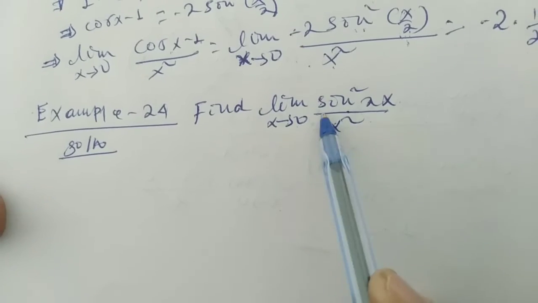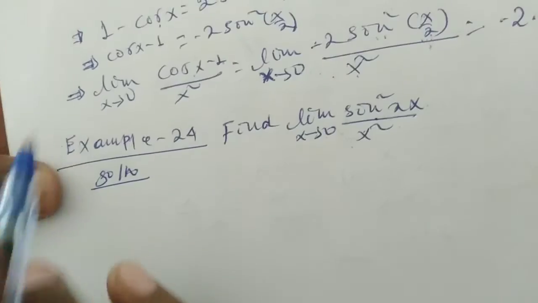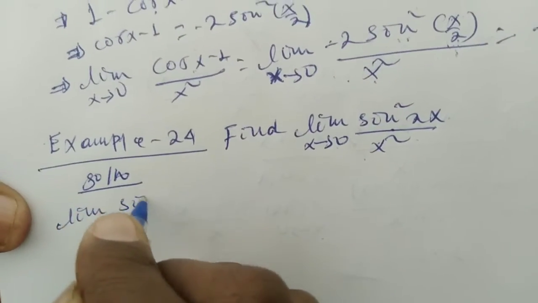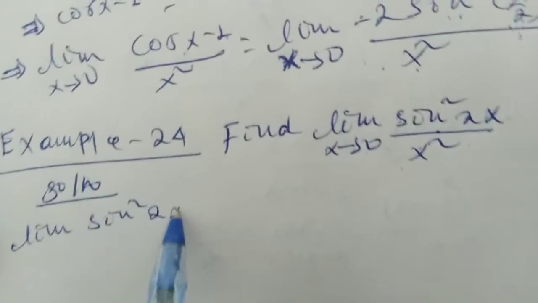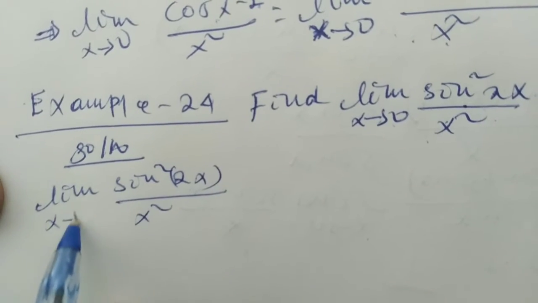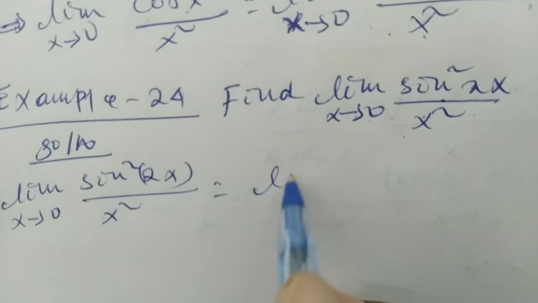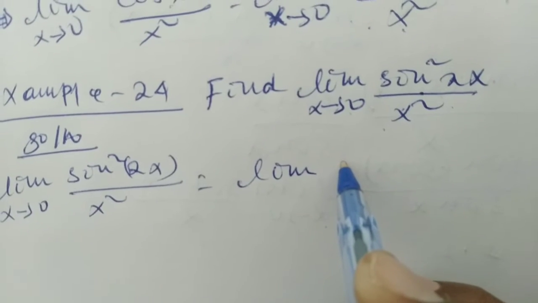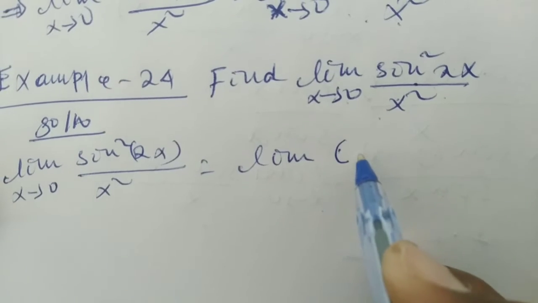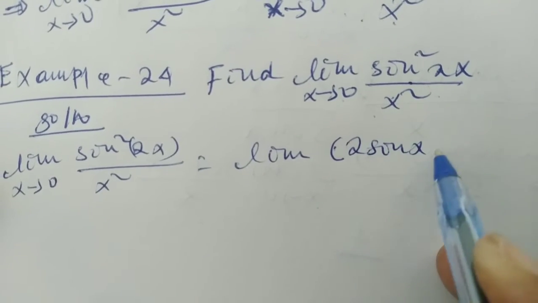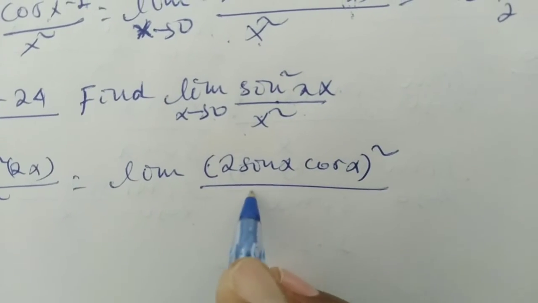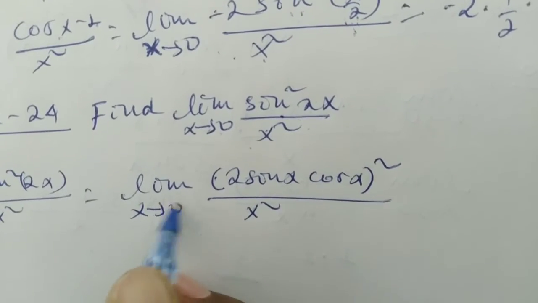0. Substituting 0 gives 0 over 0. So the limit of sin squared of 2x over x square when x goes to 0 is equal to the limit of, sin of 2x by the trig identity is 2 times sin of x times cos of x, the whole square over x square when x goes to 0.